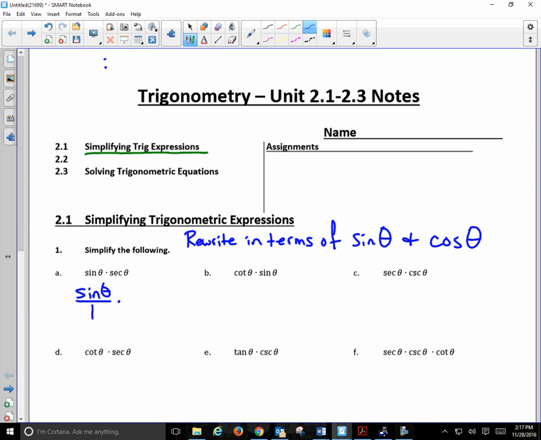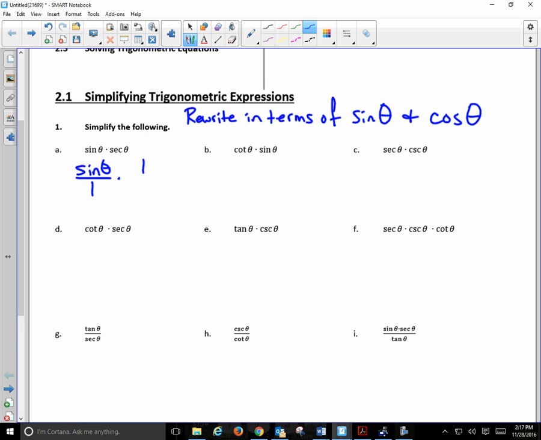And if we do that, we get sine of theta over cosine of theta. What is sine divided by cosine? You see that somewhere on your page? It's tangent. So that is simplified. It turns out that sine times secant gives you tangent.